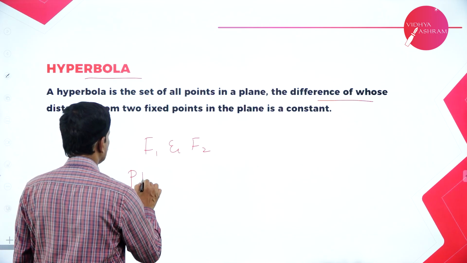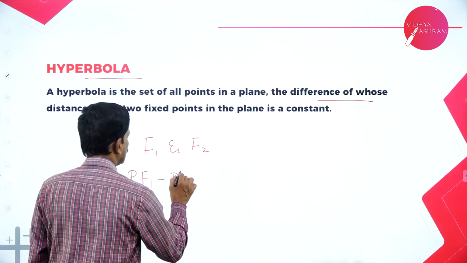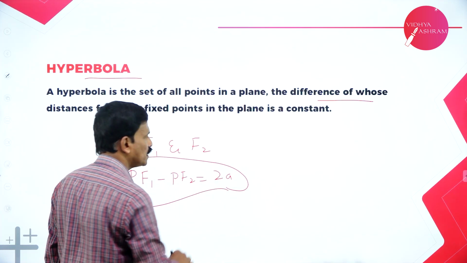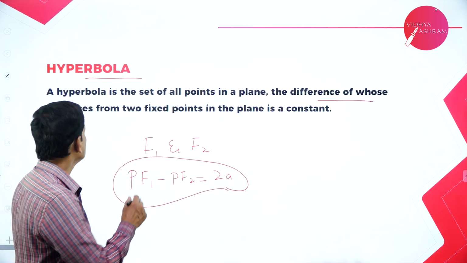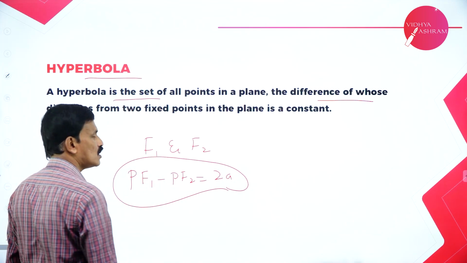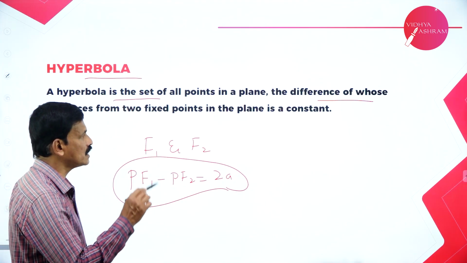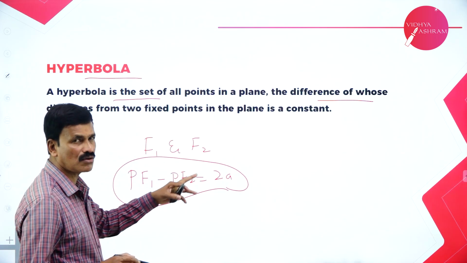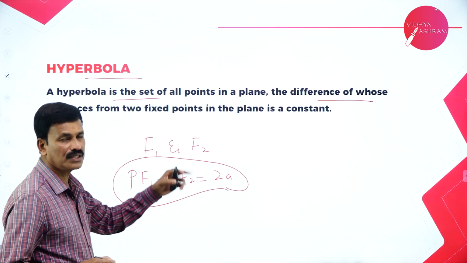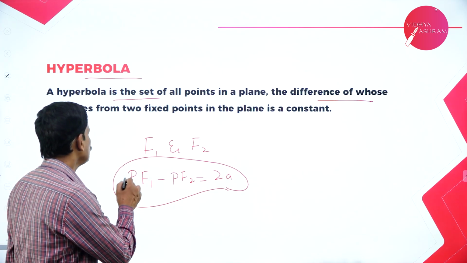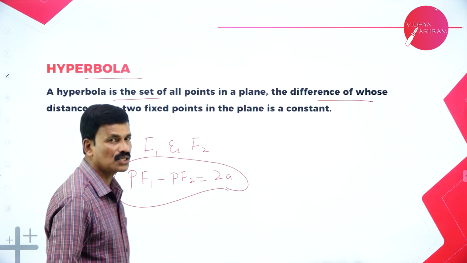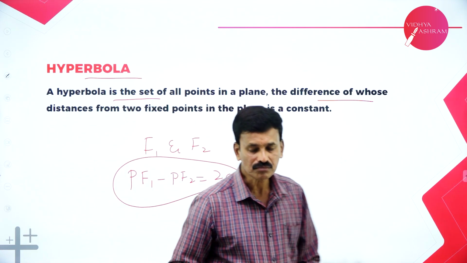Then the difference Pf1 minus Pf2 is always equal to a constant, that is 2a, right? So the hyperbola is a set of all points in a plane such that the difference of whose distances from the two fixed points is a constant, that is 2a.